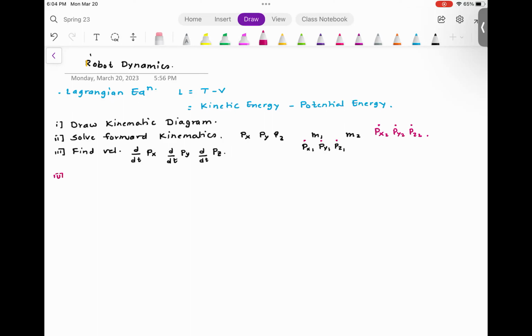Then once you find the velocities, you will have to find out the kinetic energies. And please understand there are two types of kinetic energies. One is the kinetic energy of translation.